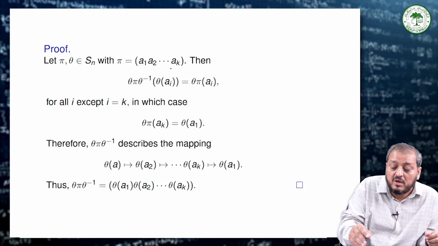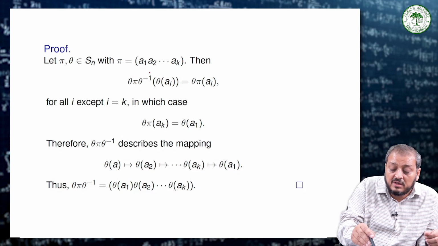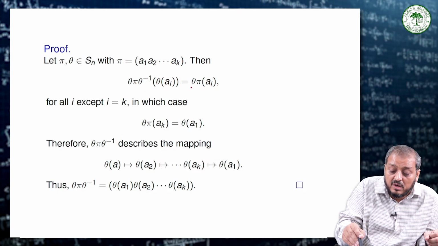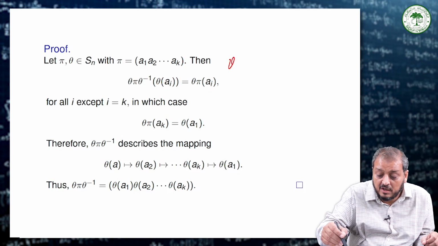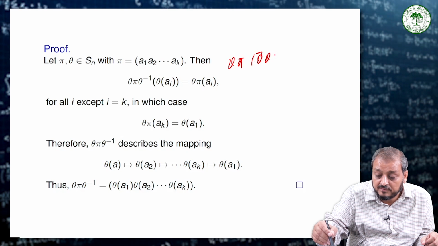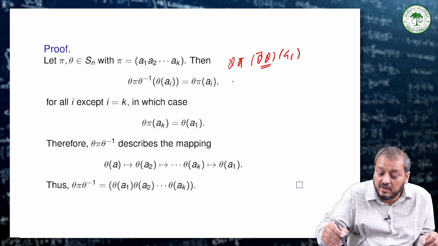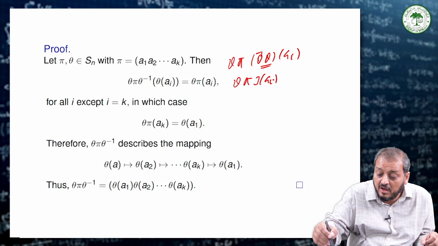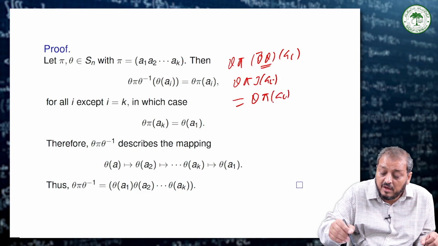Then theta pi theta inverse applied to theta of ai is theta of pi of ai, because theta inverse theta of ai is the identity. So we have theta pi of ai.